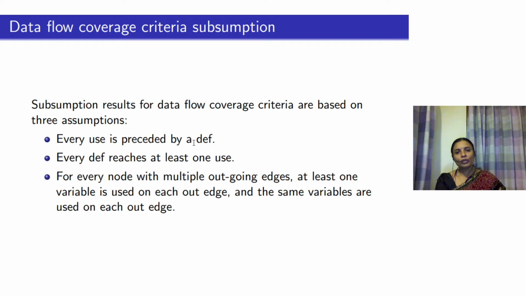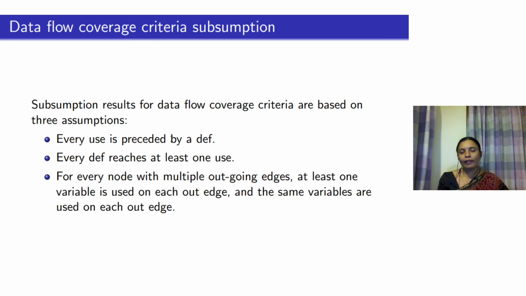Before we see how they subsume each other, a small set of assumptions is important. The subsumption results for data flow coverage criteria are based on three assumptions. One, we assume that every use of a variable is preceded by a definition of the variable somewhere. Obviously, if a variable is going to be used, it has to be defined first. Otherwise, even a compiler will catch the problem. We also assume that every variable that is defined reaches at least one use.